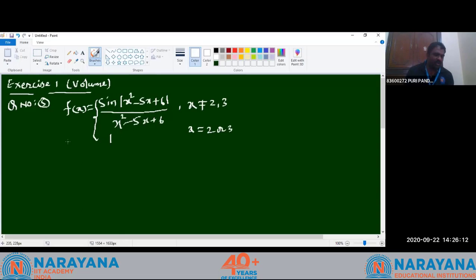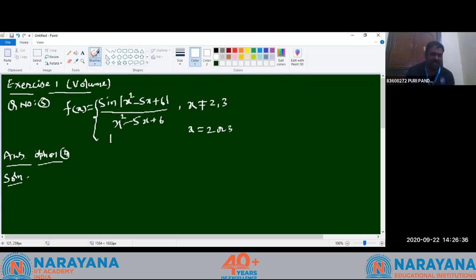Okay, so if you observe the function, the answer I am taking here is option 4, because see the solution. The function f is differentiable everywhere, but at 2 and 3 it is not differentiable.